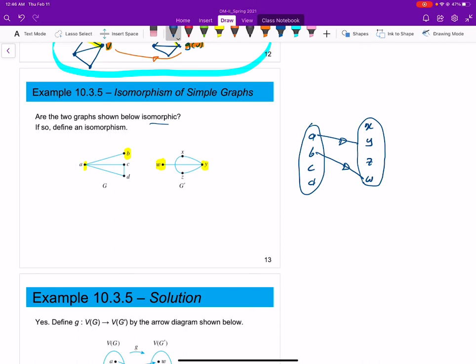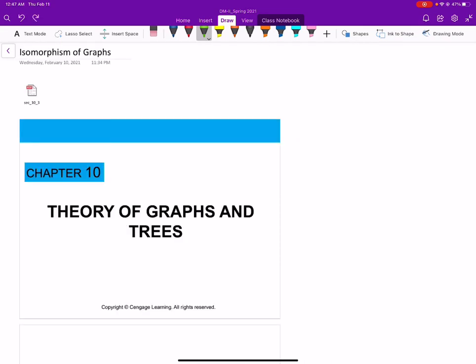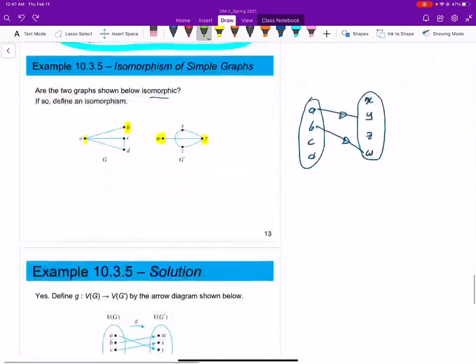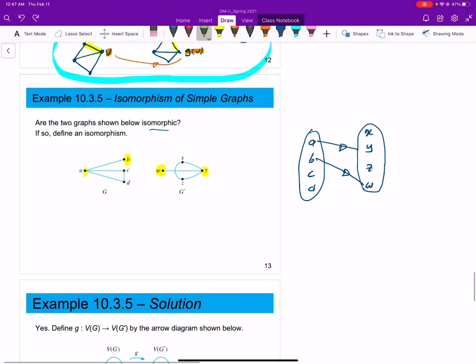Okay, actually, let me rearrange this because it should go like W, X, Y, Z, right? So I just put in a wrong order. What I want to do is just take them out and write W, X, Y, Z. Otherwise it will be confusing.